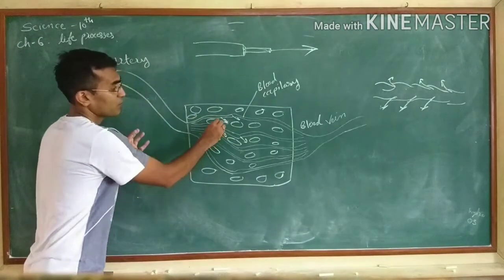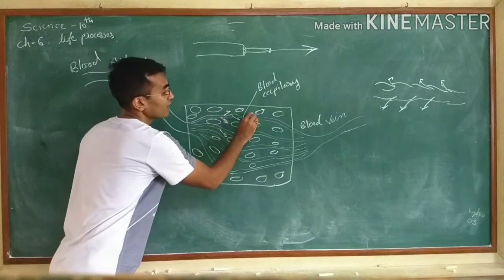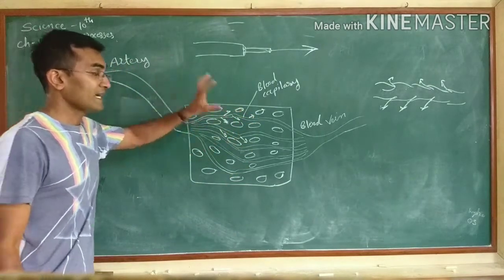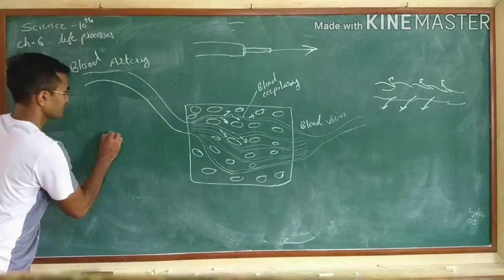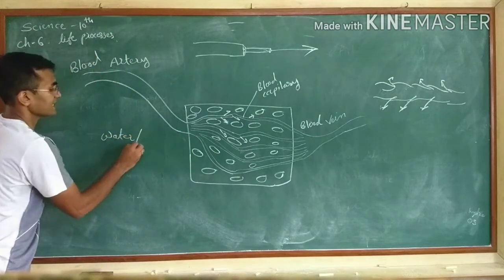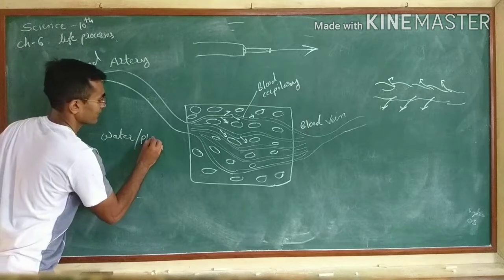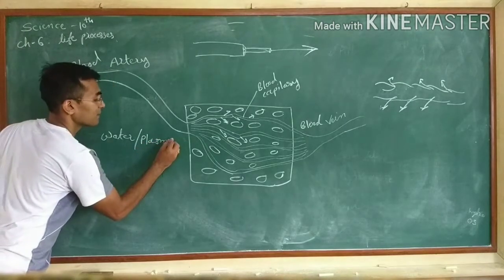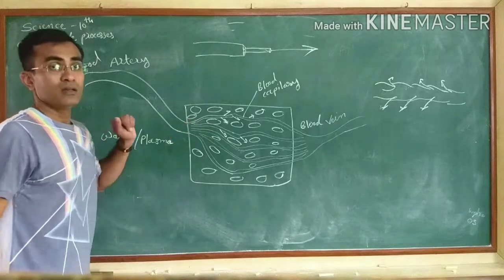So this fluid will filter. What will be there in this fluid? This fluid contains water. We can say plasma, because the blood is made up of plasma. The plasma will be here.